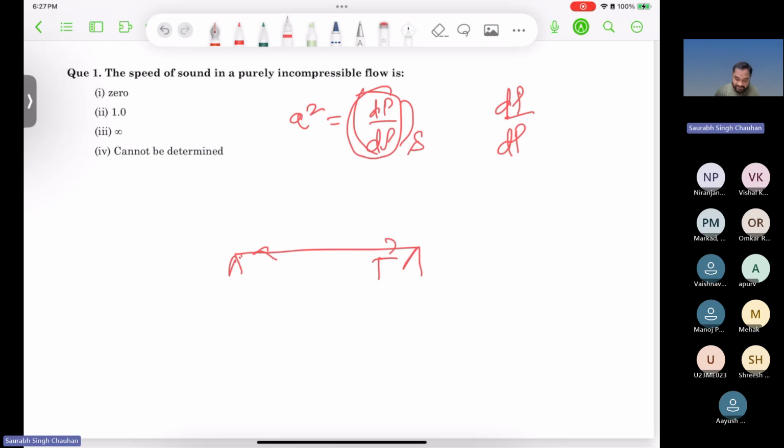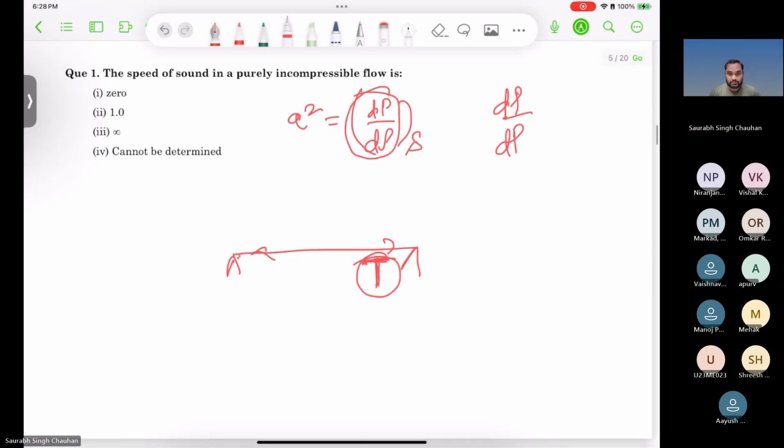Then there are some waves. What is the speed of the wave? It depends on this tension, right? If this medium is very stiff, then the speed is more. Stiff mediums have more speed.